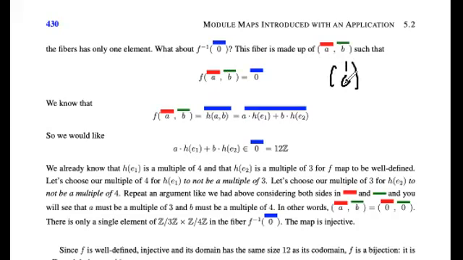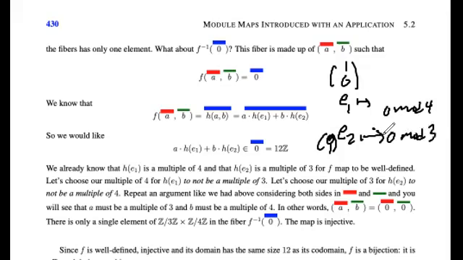So the 0 in the second component, that second component is mod 4. So E1 had to be sent to something that was 0 mod 4. And then E2, remember that's like (0, 1), where 0 in the first component, which is mod 3, has to be sent to something that is 0 mod 3. Okay, so we know that in order for it to be well defined. So we'll use that for now.